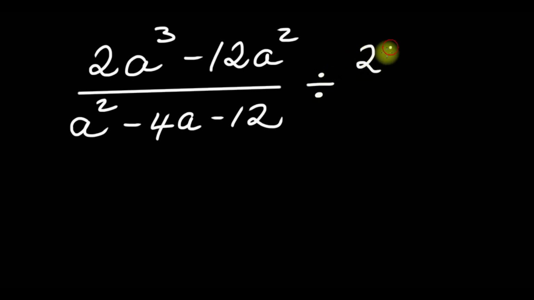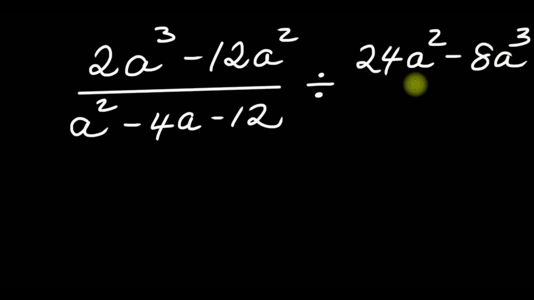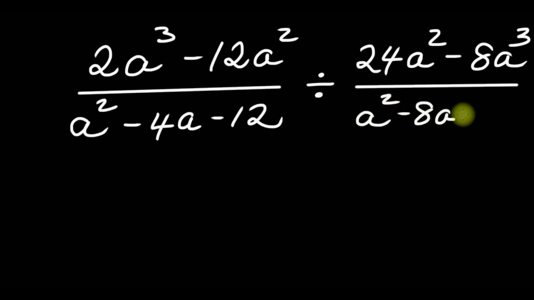So here we have 24a squared take away 8a to the third power all over a squared minus 8a plus 15.